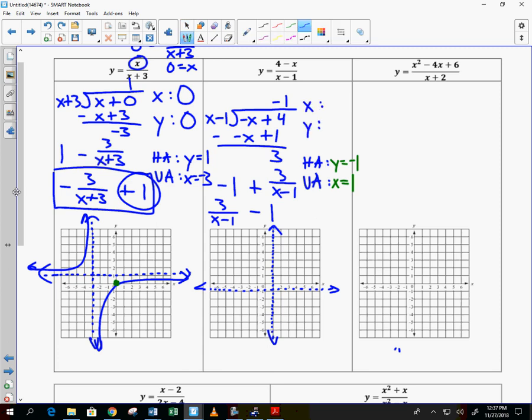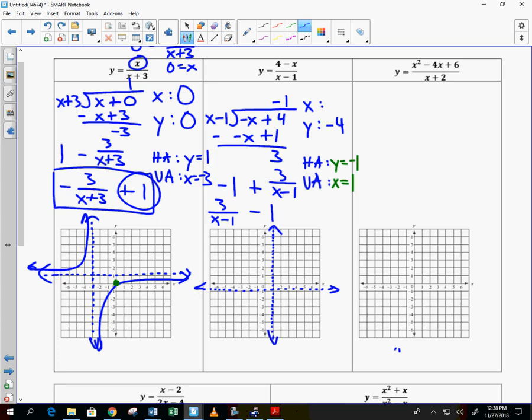Now I want to do the x-intercept and the y-intercept. The y-intercept happens when x is equal to 0. If you plug in 0 for x, what do you get? 4 over -1, -4. Good. Yep, -4. And in order to find the x-intercept, you just look at where the top is equal to 0.